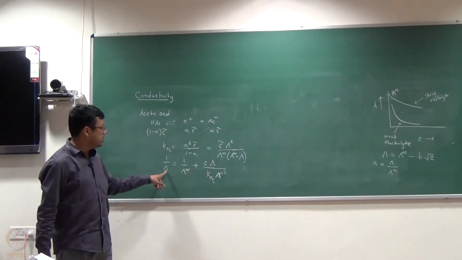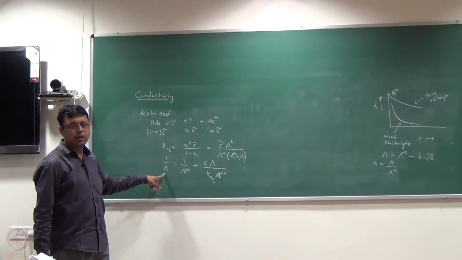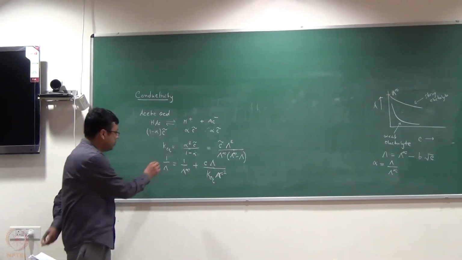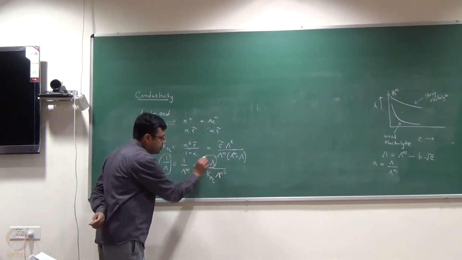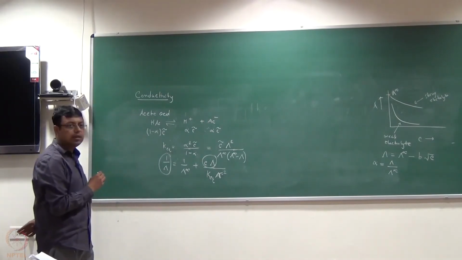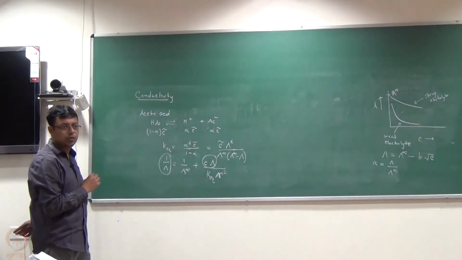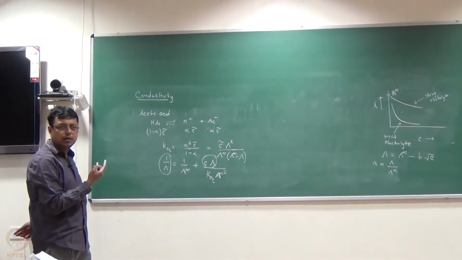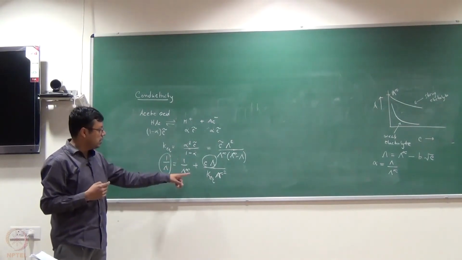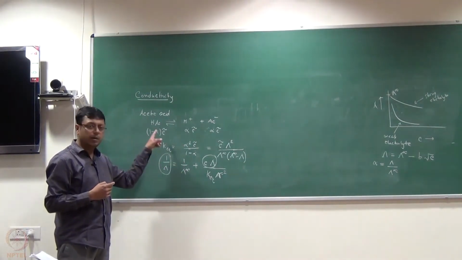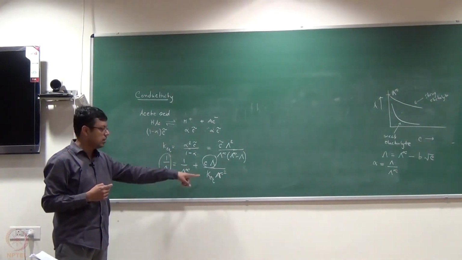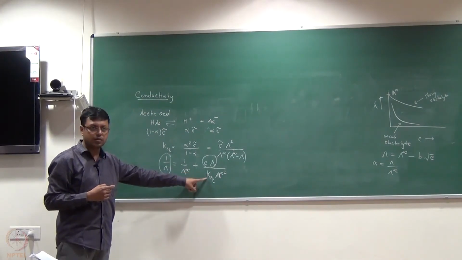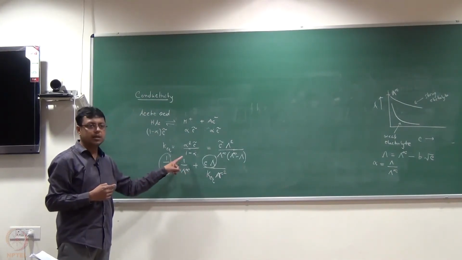What I did is I just took the 1 by lambda. And if I plot 1 by lambda versus this thing, then I see that that is a straight line. From that, if I measure the slope and the intercept, I can easily get the equilibrium constant. And from the equilibrium constant, I know the degree of dissociation. And the intercept is basically 1 by lambda infinity.